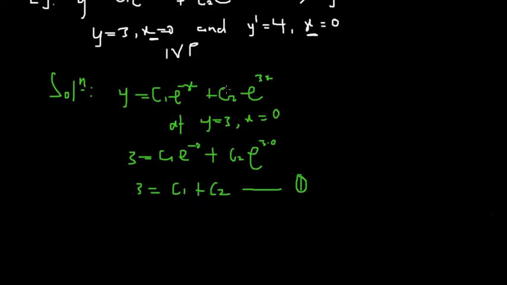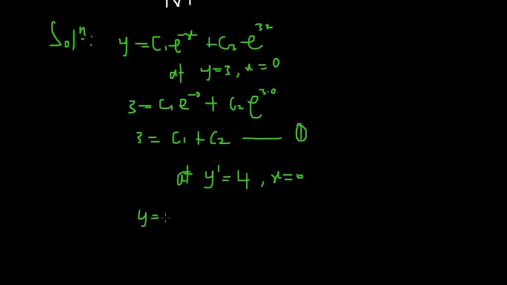Now let's look at the second condition. We have y prime equals 4 and x equals 0. Same initial value problem. For this differential equation, we have to take the first differential, that's y prime.